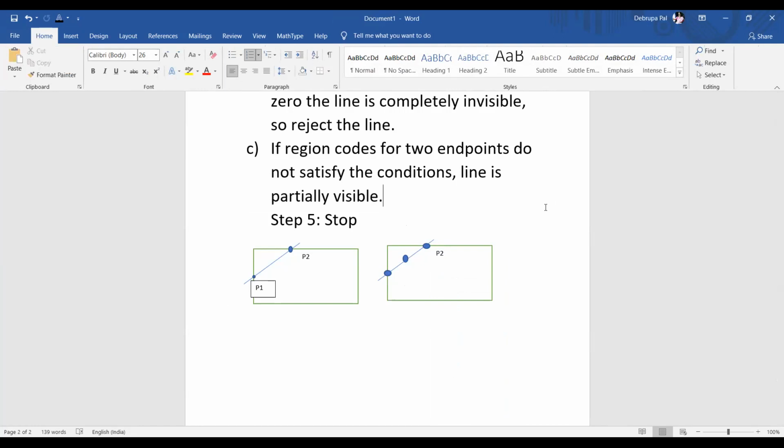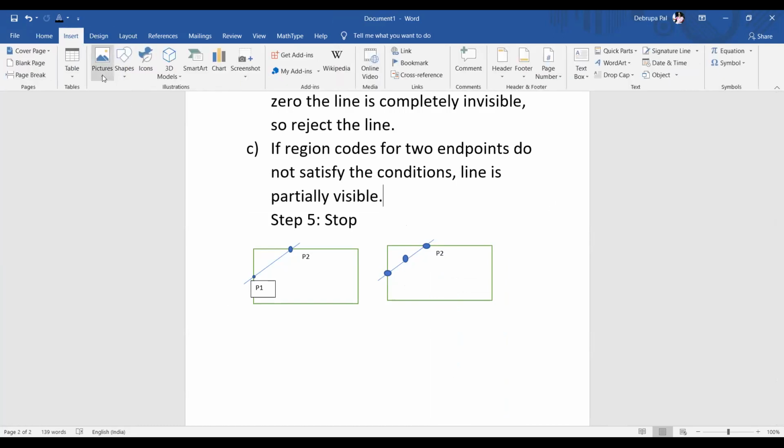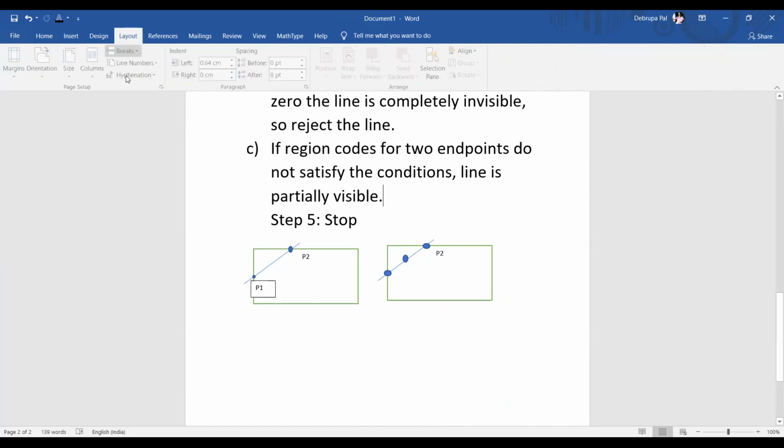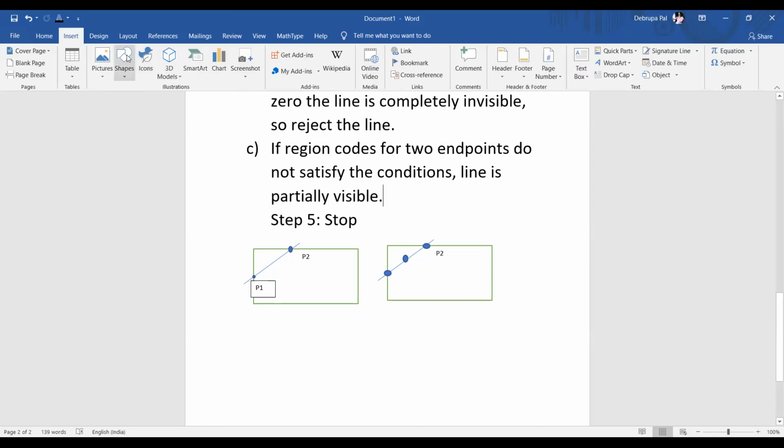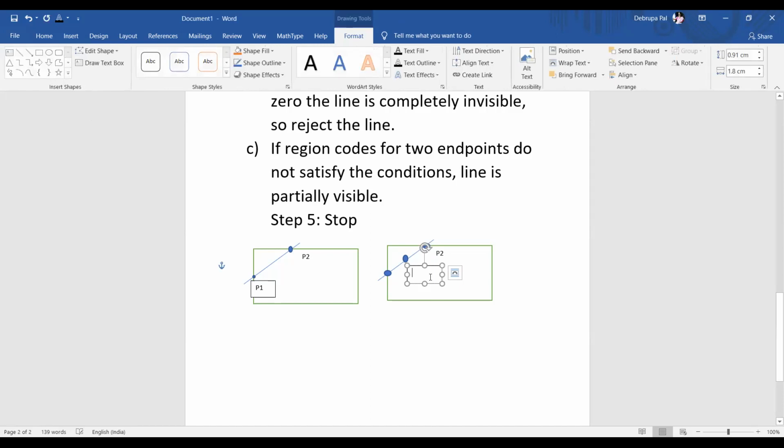The line is subdivided at a midpoint, which we can name P3.